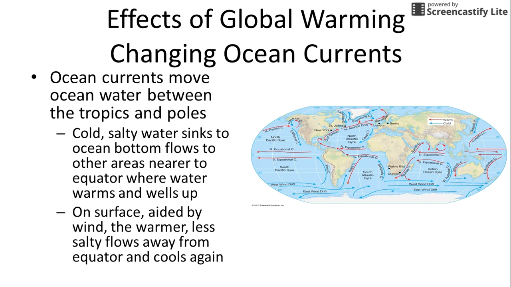If the water doesn't cool down enough, then obviously, I would hope, that sounds better, that you can see that these ocean currents are not going to occur in the way that they have been. And so that can have major ecological impacts.